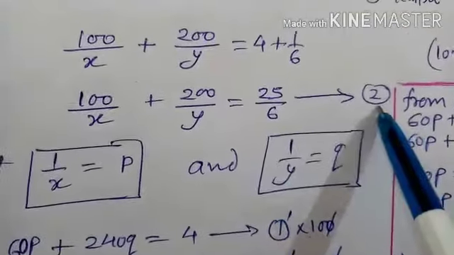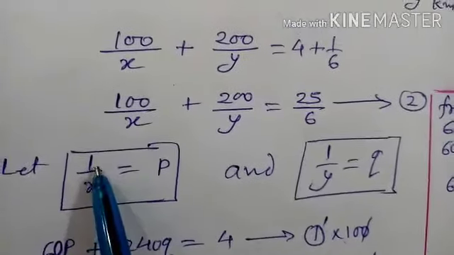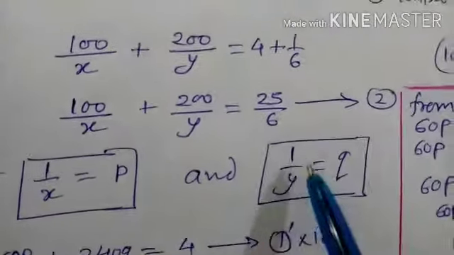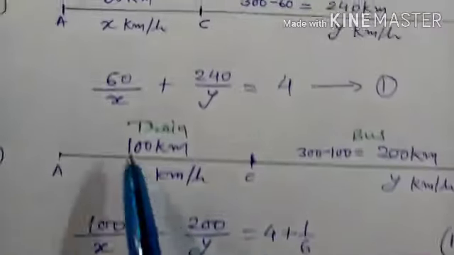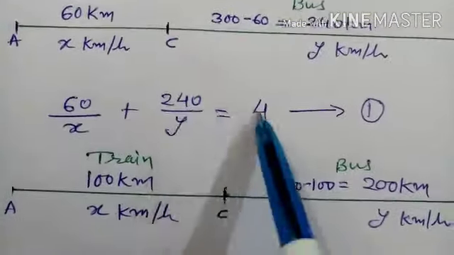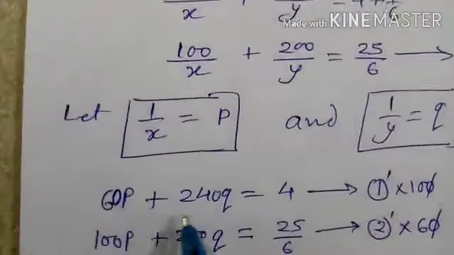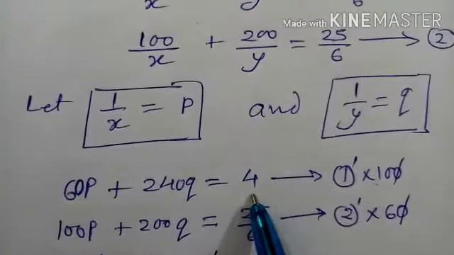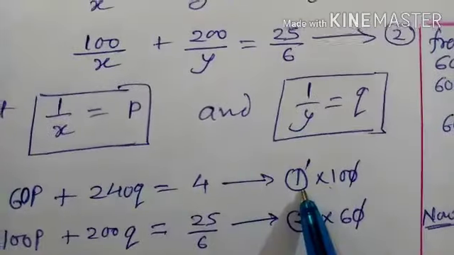Equation number 2. Now let 1 upon x be equal to p and 1 upon y be equal to q. So 60p plus 240q is equal to 4, equation number 1 dash.